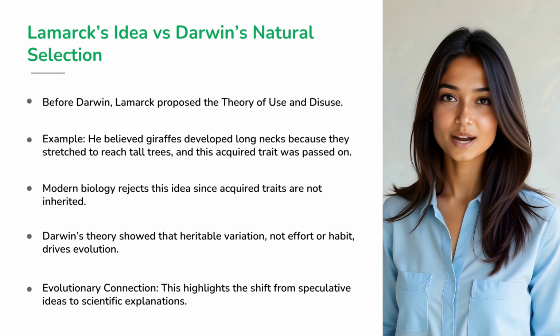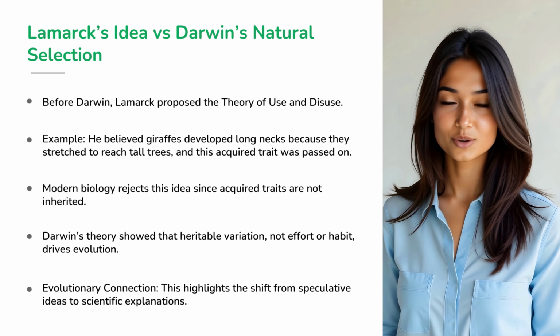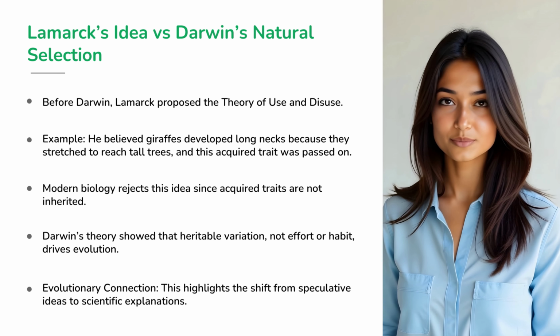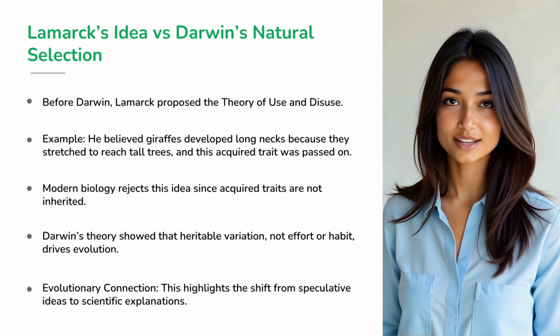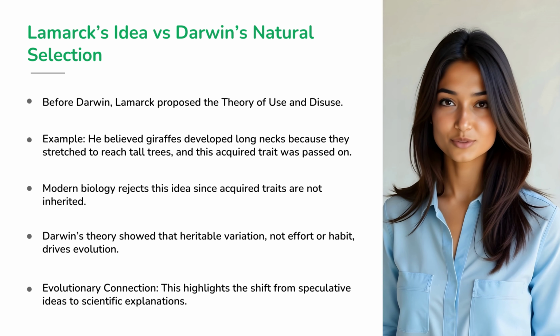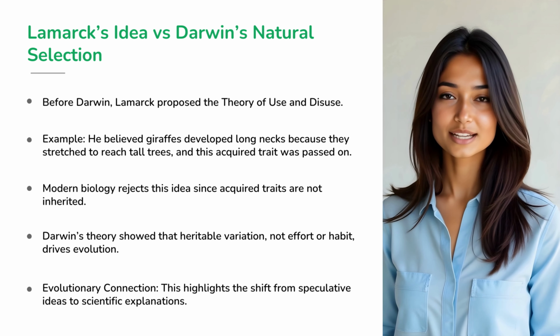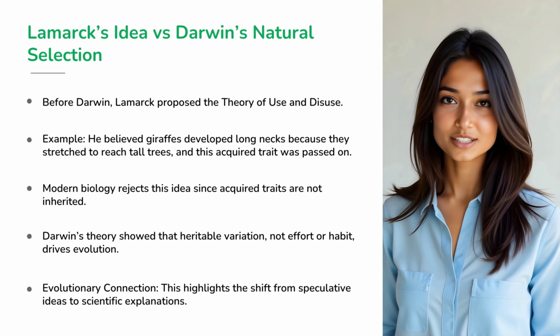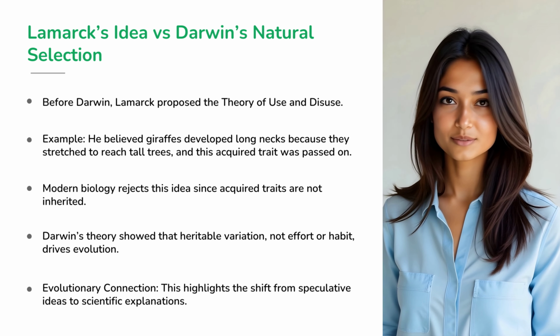Before Darwin, another scientist, Jean-Baptiste Lamarck, had proposed the theory of use and disuse. He believed that organisms could acquire traits during their lifetime and pass them to their offspring. His famous example was the giraffe. He thought giraffes developed long necks by stretching to reach tall trees, and then passed this acquired length to the next generation.